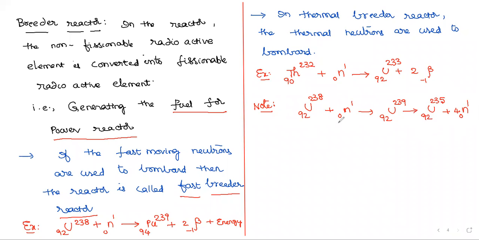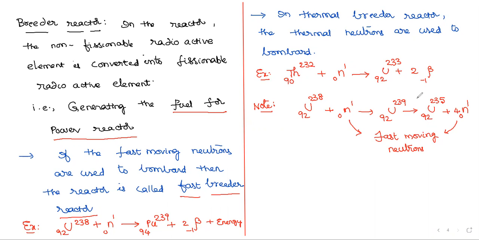Then they may ask, what are these neutrons? On both sides we are getting fast moving neutrons. Keep in mind, they are not thermal neutrons. The only thing is that here we are using energy of nearly 2 MeV, and here the energy is around 1.5 MeV, so compared to this, its energy is less.